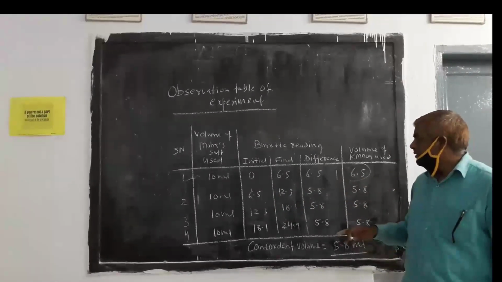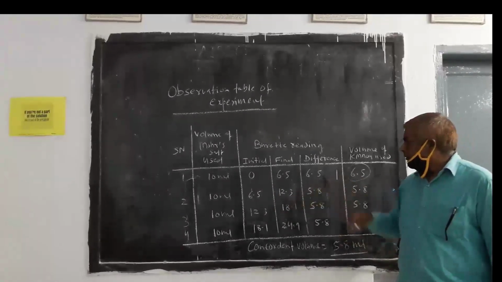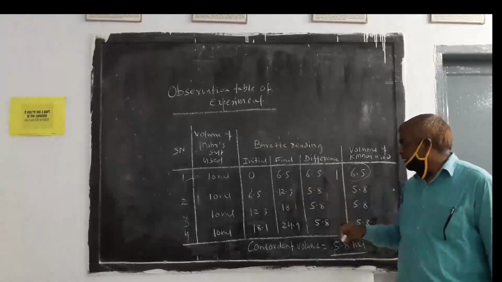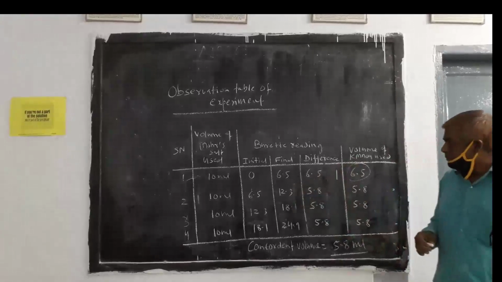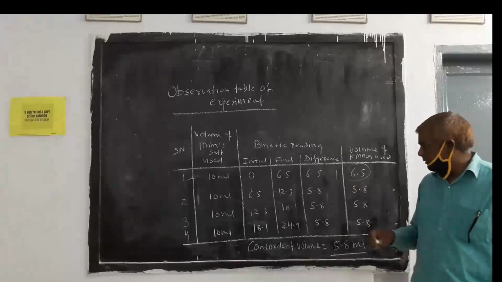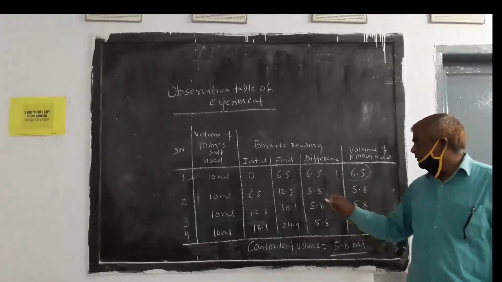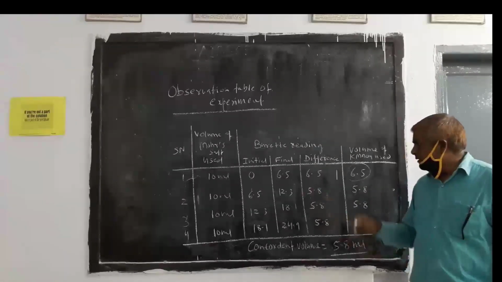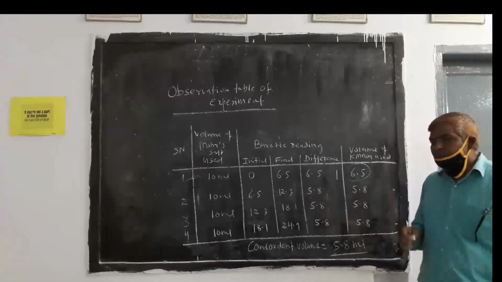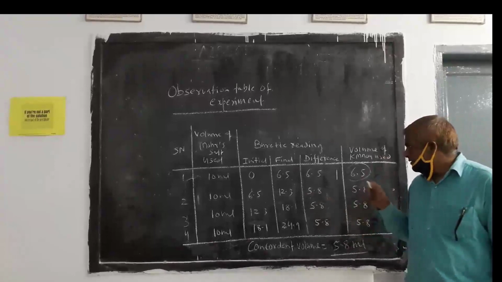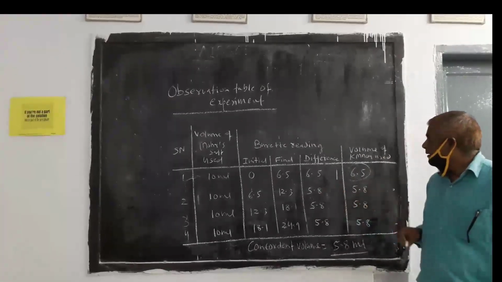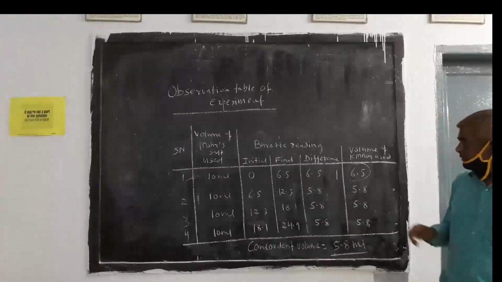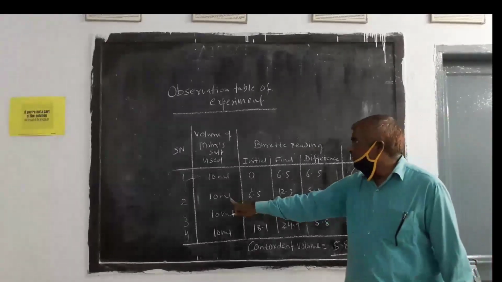Then we have to find, after an interval of time when KMnO4 mixed with Mohr's salt solution, the final reading was 12.3. At that reading the pink color appears. This indicates that 5.8 ml KMnO4 is used to oxidize 10 ml of Mohr's salt.